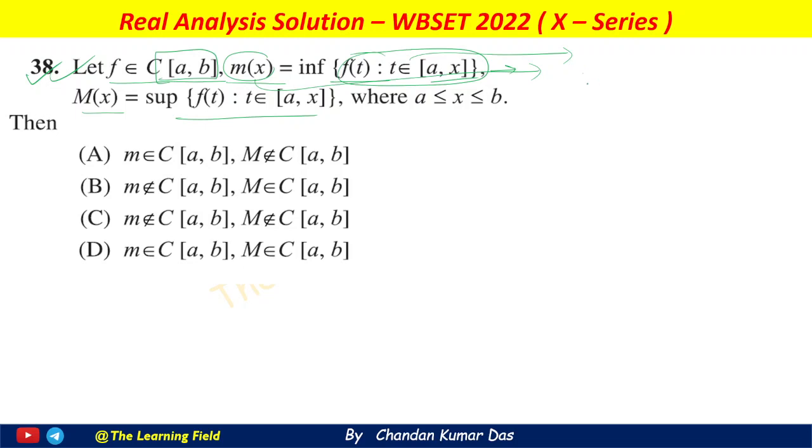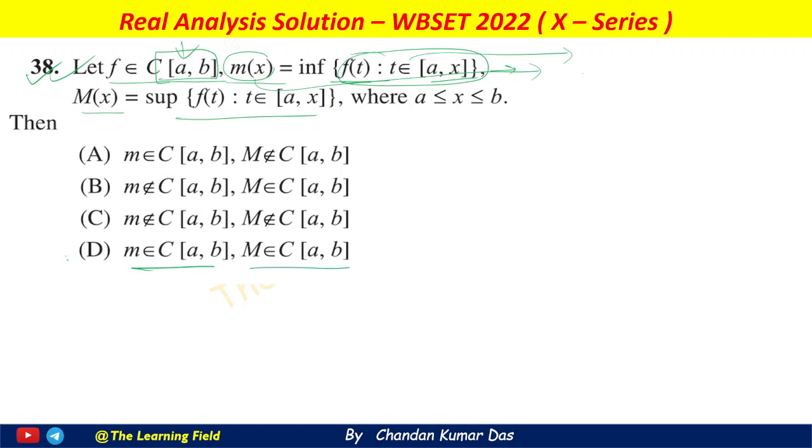After calculating the elements of the set, we get a single element which is a constant. Since f is continuous, we first calculate f(x) and then calculate the supremum and infimum of this set, and we get these two as constants. A constant function is always a continuous function, therefore we can easily say that small m belongs to C[a,b] and capital M belongs to C[a,b].